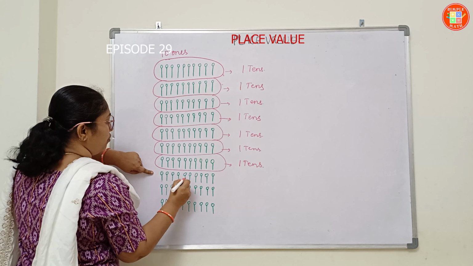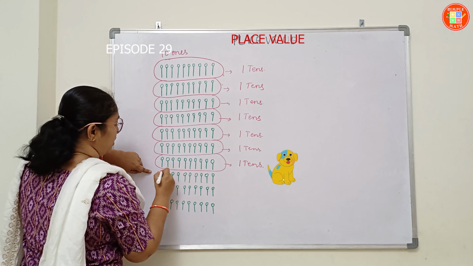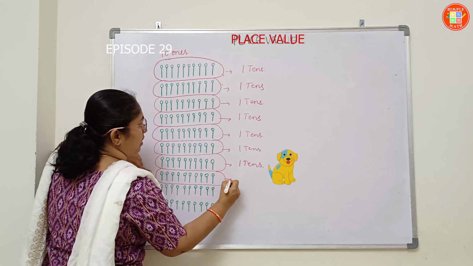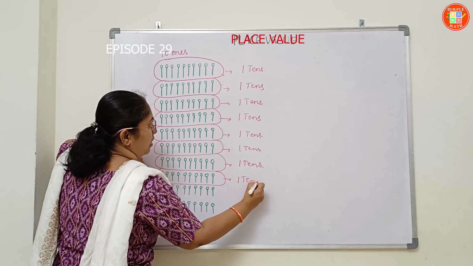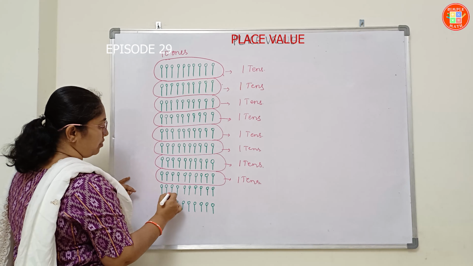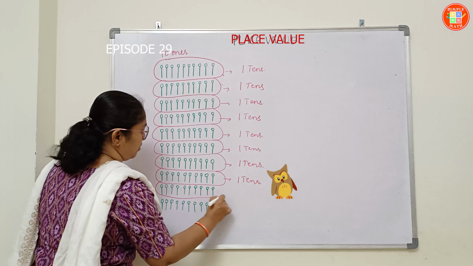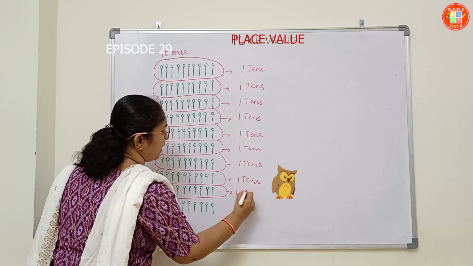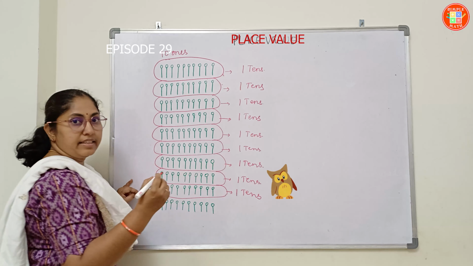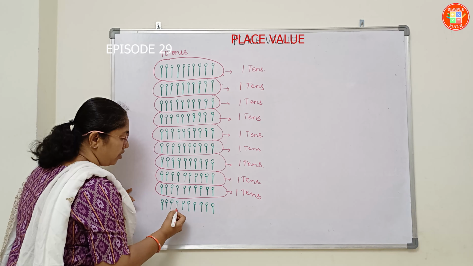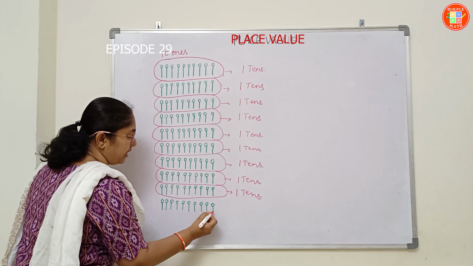Mark this as one bundle and write 1 tens. Then next 1, 2, 3, 4, 5, 6, 7, 8, 9, 10.